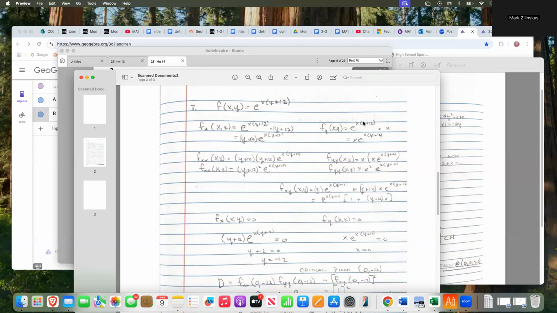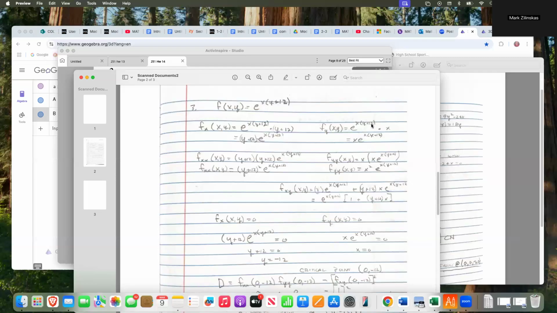In a similar fashion over here, I'm going to do the same thing, only now I'm taking the partial with respect to y. So again, it is just going to be this thing right here, times the derivative of this expression here with respect to y. Now remember, we just treat x as a constant.